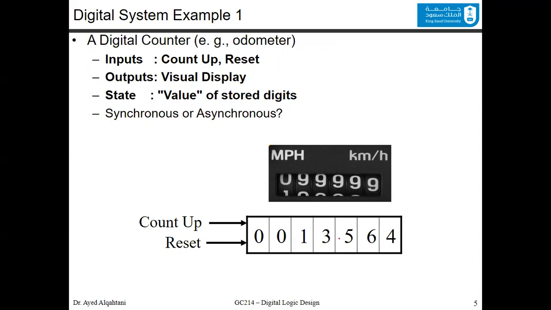So the current state is, for example, 0013564. If you were asked, is this a synchronous system or an asynchronous system? It depends on the system. If it has a clock, periods that govern the relations, then it's a synchronous system. And this is usually the case. If it doesn't, then it is an asynchronous system.